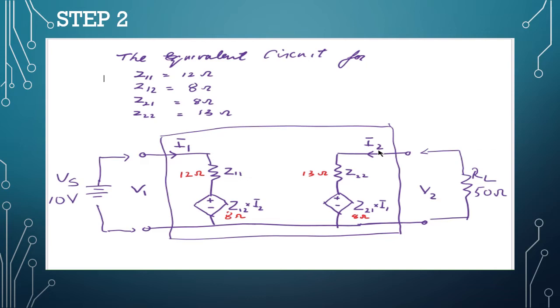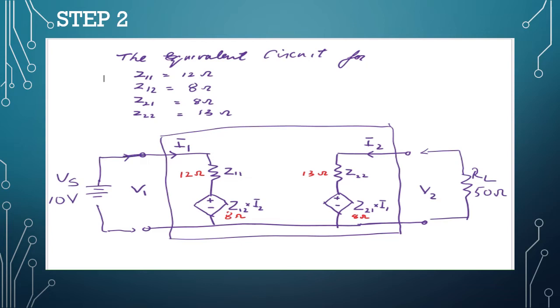Once we find the equations for I1 and I2, we'll substitute the value for I1 in relation to I2 in the equation, and then we can finally solve for I2 to find the current in the load. So here we have the supply that we're going to connect to the input port.